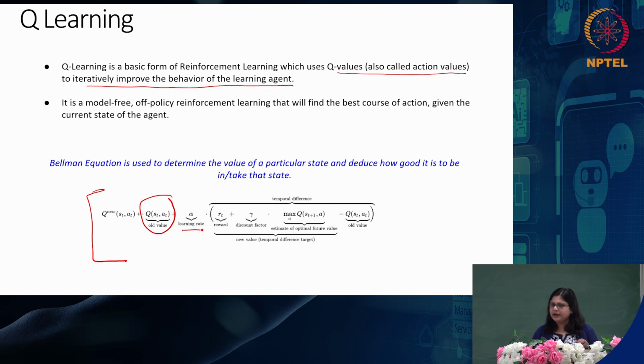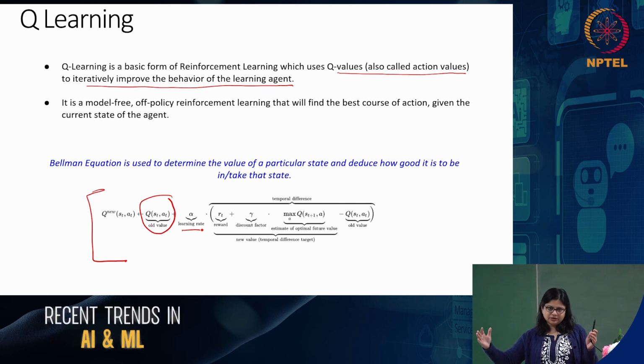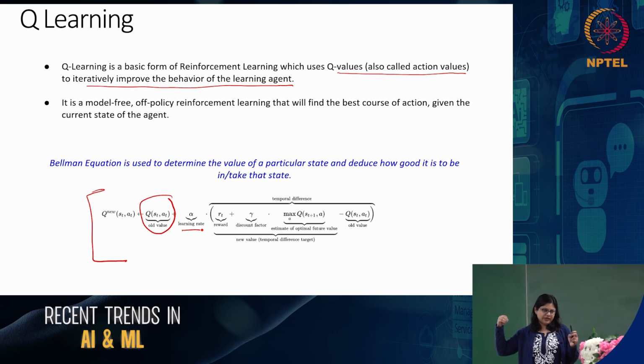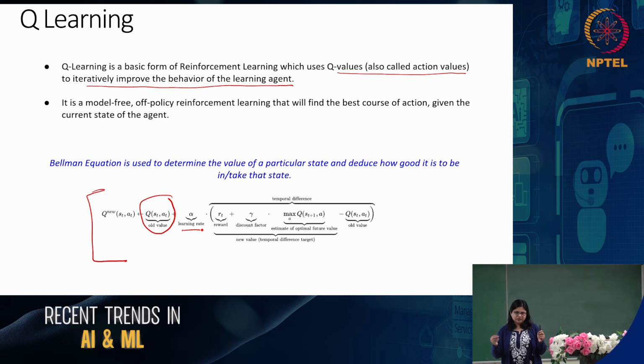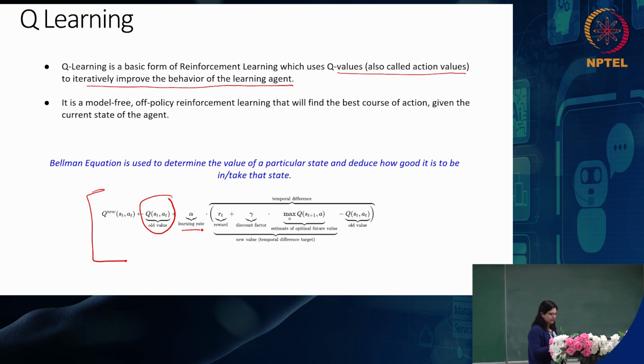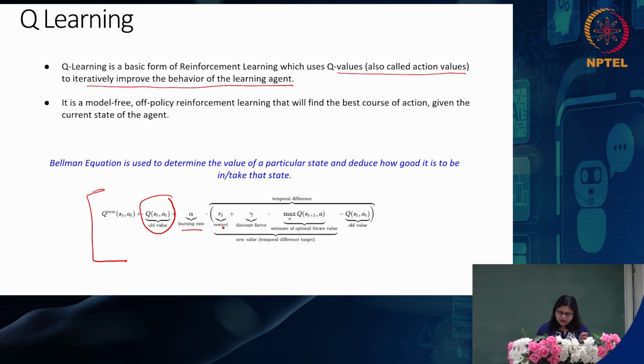This is the learning rate. You know that in a neural network there is always a learning rate. We always want to control how much we want to update. It's not exactly that there is a difference between the old value and the new value, but we are not updating exactly with the error. So alpha is the learning rate. And now see, this is the immediate reward, the discount factor, and the estimate of the optimal future value.